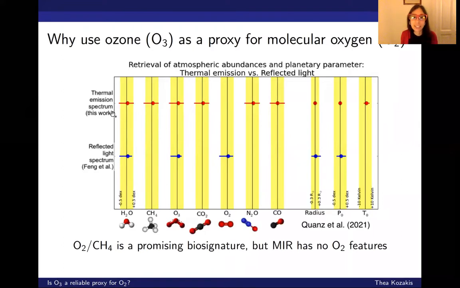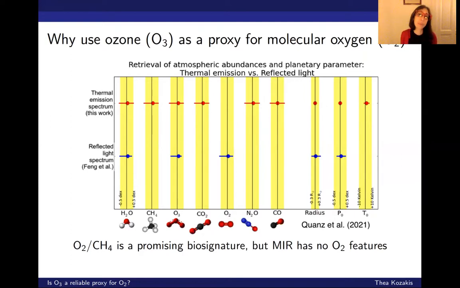And you can see here that in thermal emission, all of these parameters can be retrieved except for O2, molecular oxygen. And considering that one of our most promising biosignatures is O2 and CH4 together, we would definitely like to be able to assess the O2 content of a planetary atmosphere.